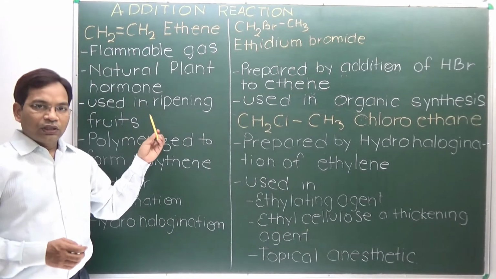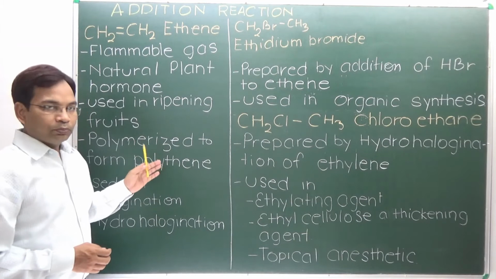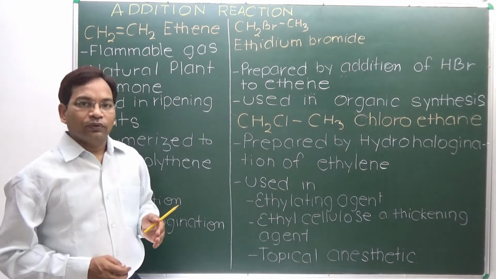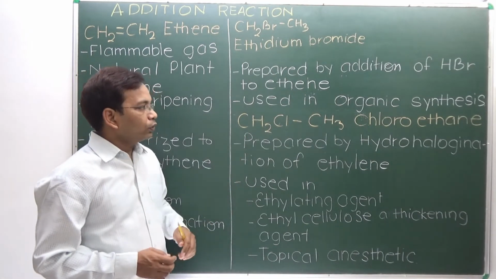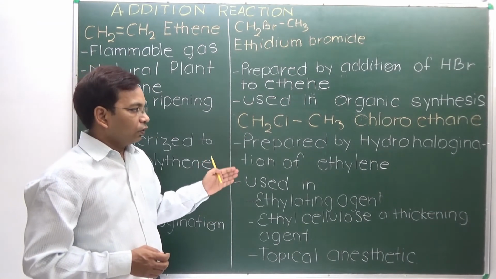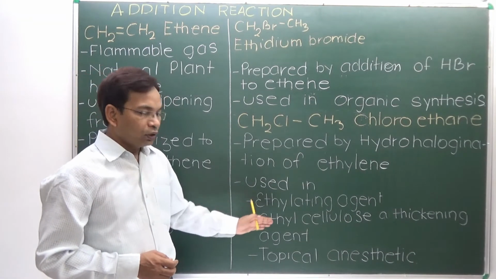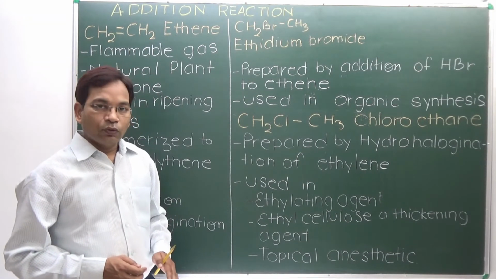Ethene is used to produce polythene, bromoethane is used for other organic compounds, and chloroethane is used as an ethylating agent and for formation of ethyl cellulose.